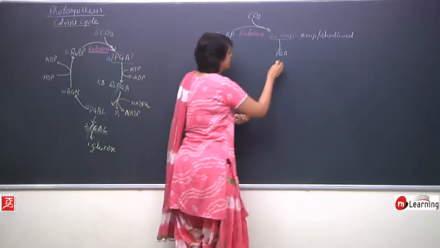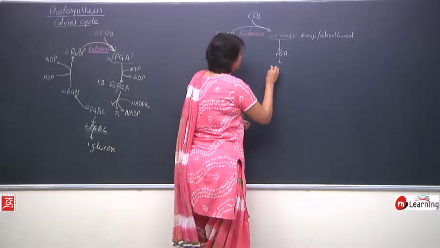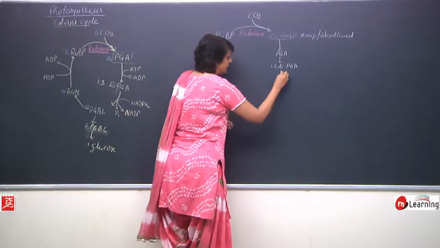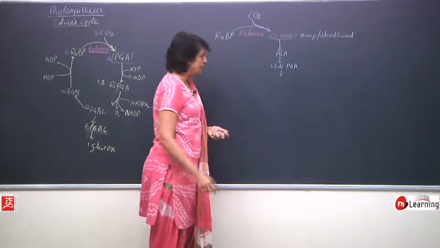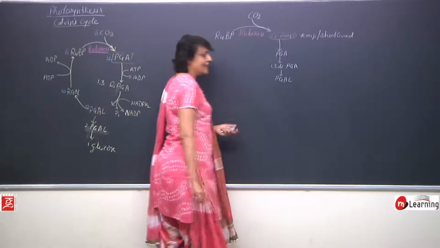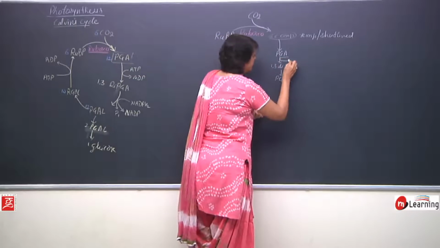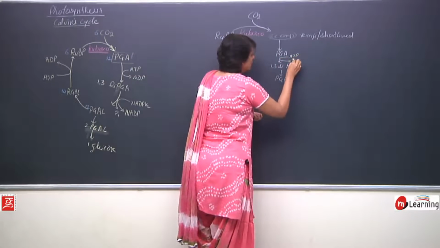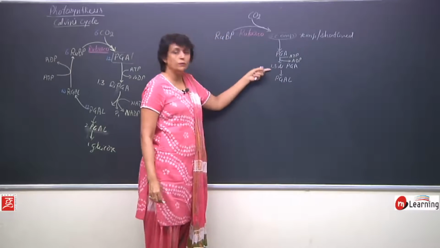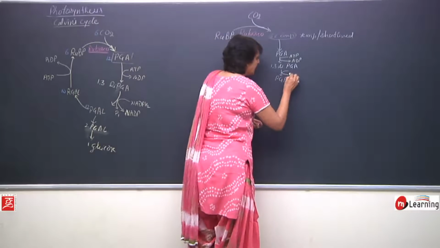This phosphoglyceric acid, we are writing the steps which are common. Phosphoglyceric acid changes into 1,3-diphosphoglyceric acid. This undergoes reduction to form phosphoglyceraldehyde, and here that ATP is being used because from a single phosphorus containing molecule, a 2 phosphorus containing molecule is formed, and in this case reduction is taking place.